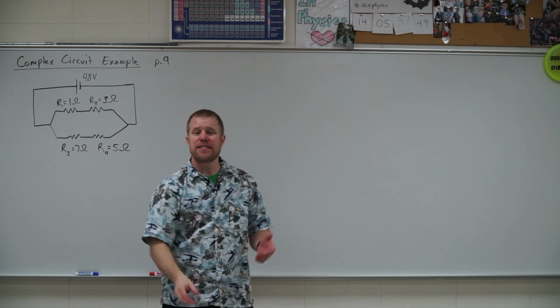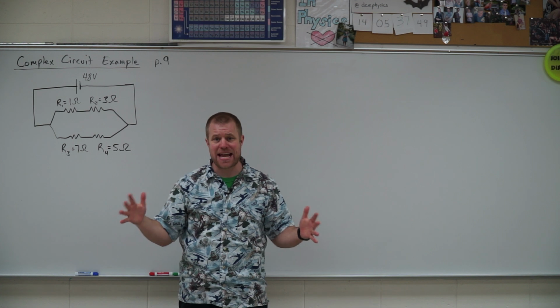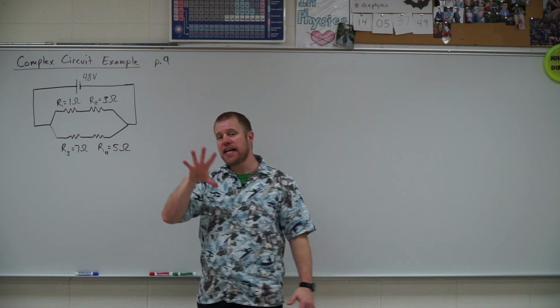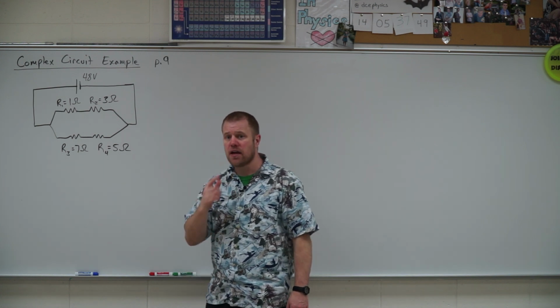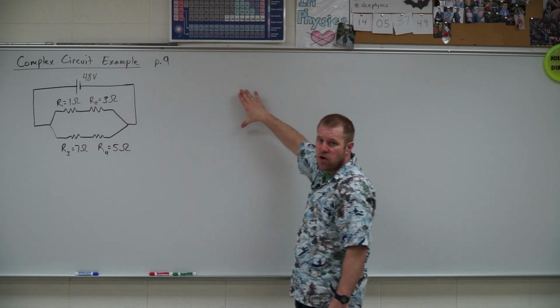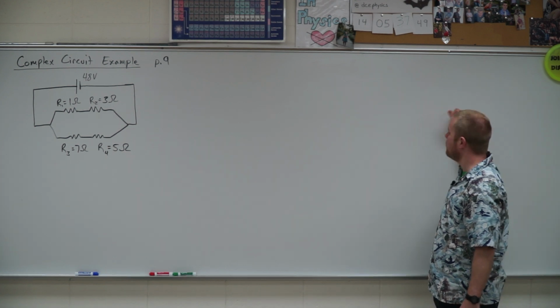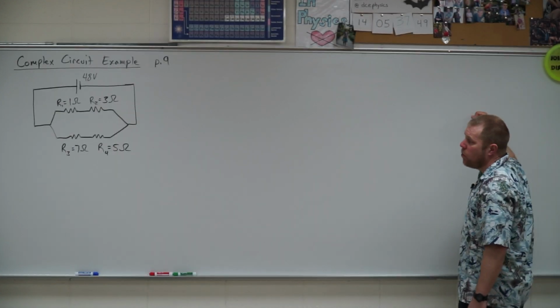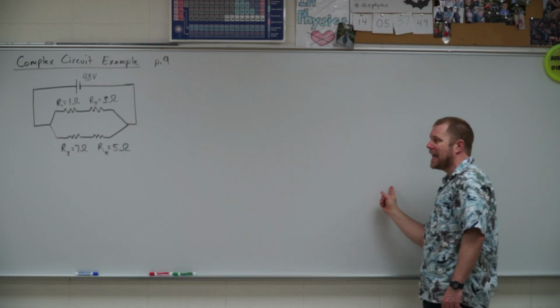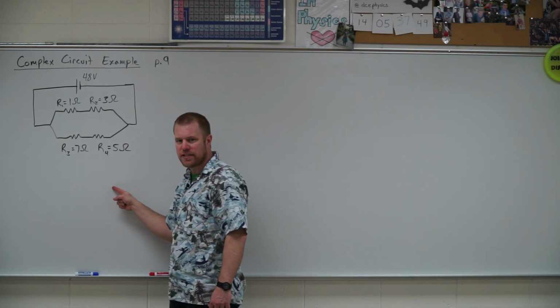These problems tend to get long, so give yourself plenty of space. To give you an idea of what this is going to look like, we are going to be going this way, reducing it down to a single resistor to find the equivalent resistance. We're then going to come back this way to find the currents and voltages in each resistor.